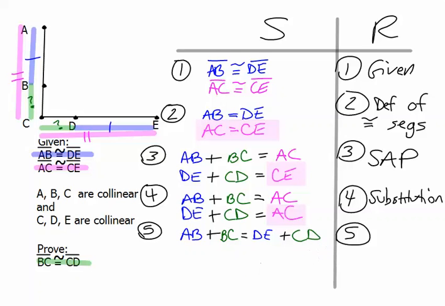Or another way of saying that is the following. If this, look at what I'm circling, is equal to AC, and AC is equal to that, then this has to be equal to that.